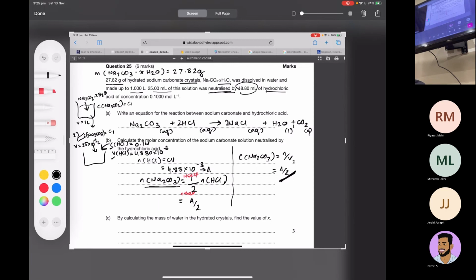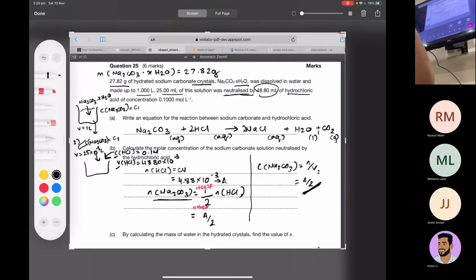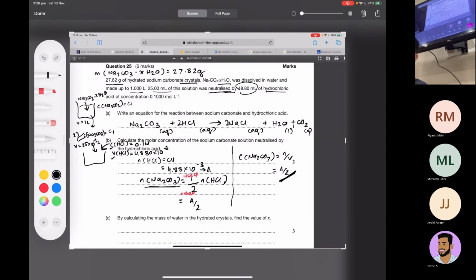Yeah, because think about this, right? Think about what you're going to find next. If we follow that way, we find the total concentration. We're going to find the concentration of sodium carbonate in this mixed solution of HCl and sodium carbonate. You can't do anything from that. You can't go back up, right? You need to go back to number of moles to find things. But what you can do is think about this. You've got the number of moles of sodium carbonate.